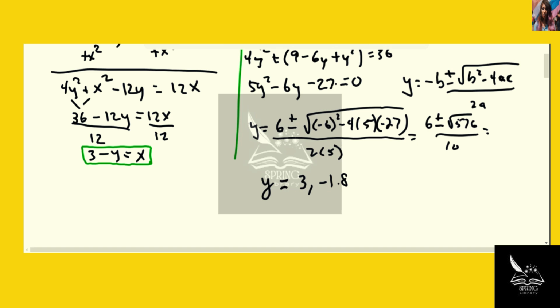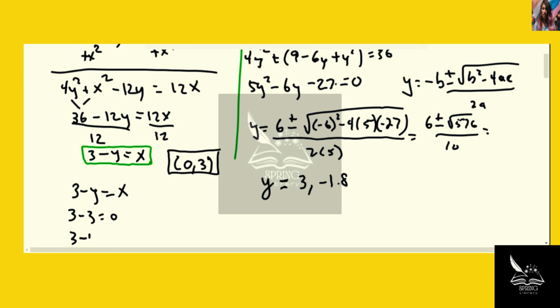So now what we want to do is find the x's associated with that. So if we go back over here, 3 minus y equals x. If I plug in y is 3, 3 minus 3 is equal to 0. So then I know the point (0, 3) is one of the points on my ellipse.